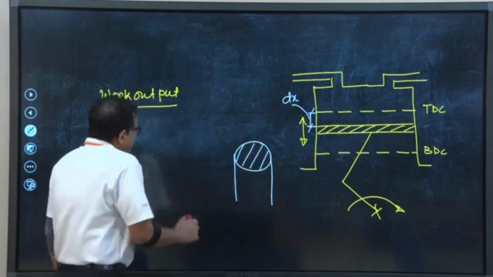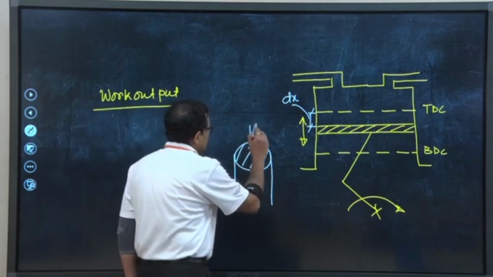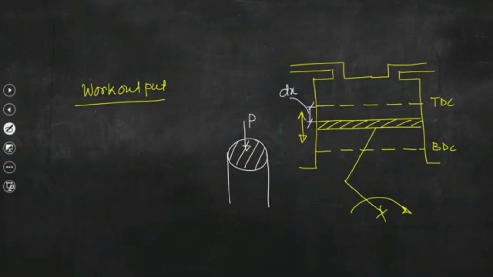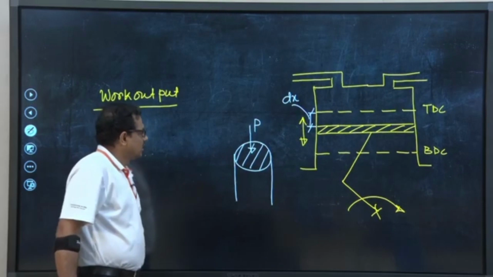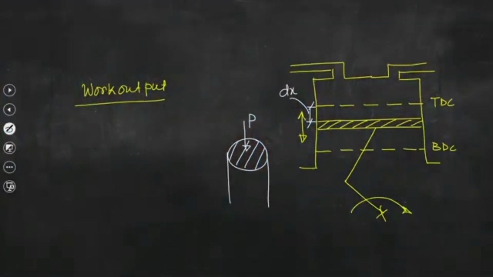Now, if we assume that the pressure is P inside the engine cylinder, so the force we can calculate. So, work done would be the integral of P into A into dx.